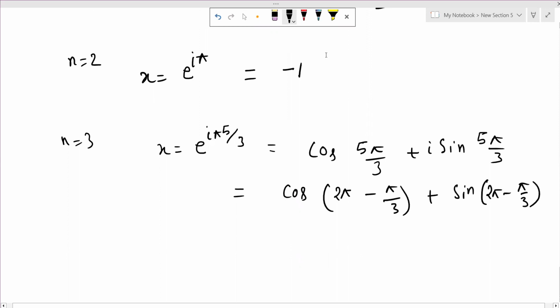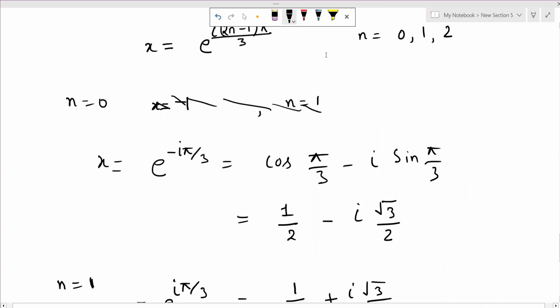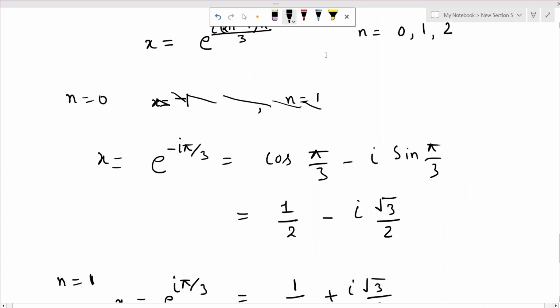So what is cos 2 pi minus theta? Cos theta. So cos pi by 3, and sin 2 pi minus theta is minus sin theta, so minus sin pi by 3. This value you already got above, right?